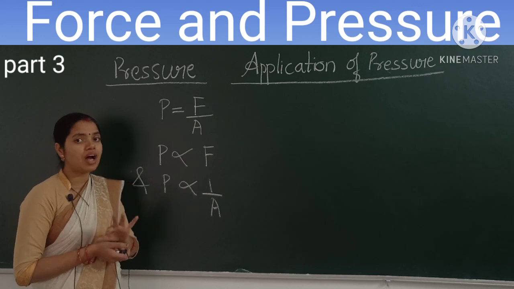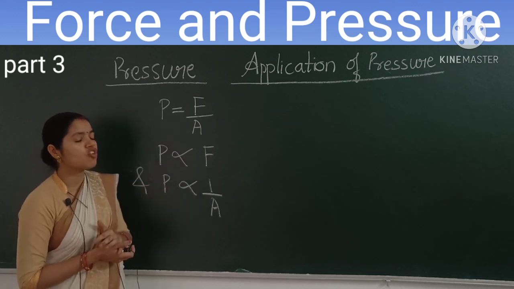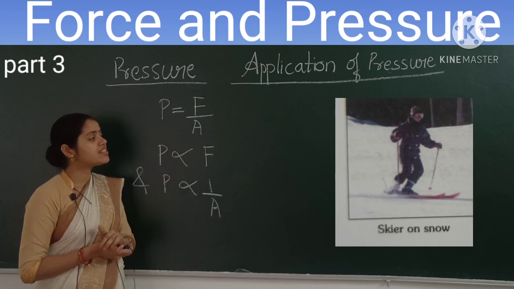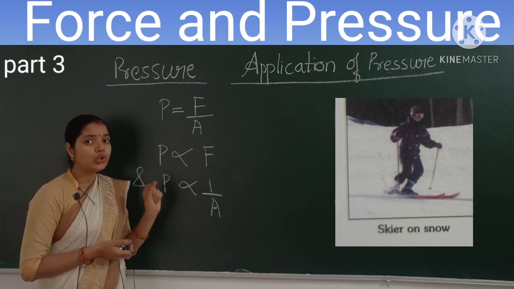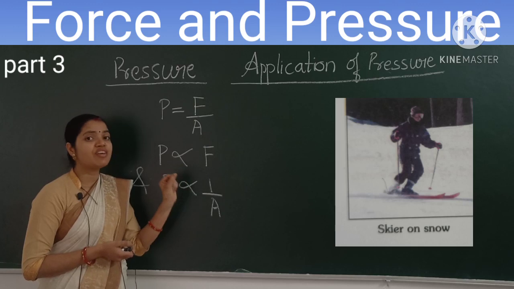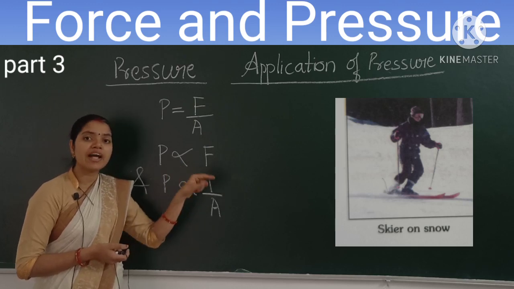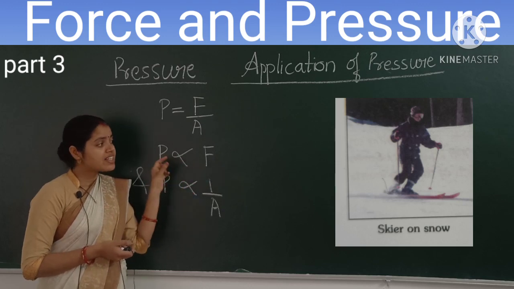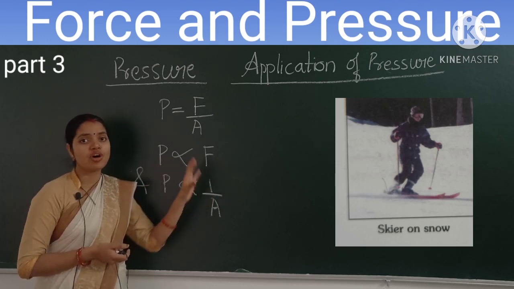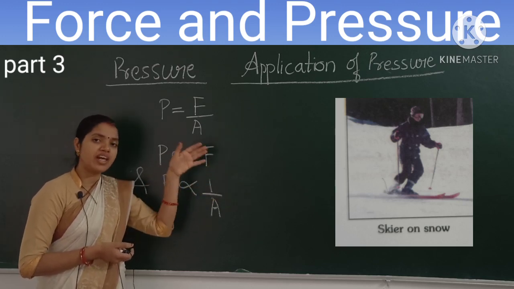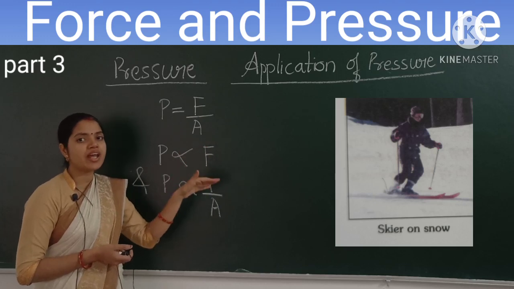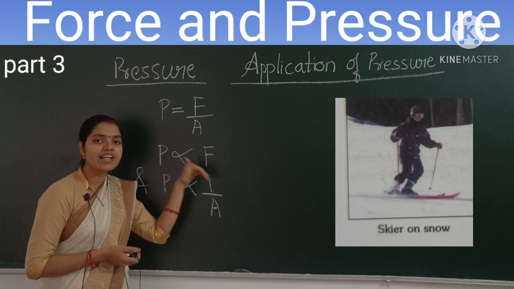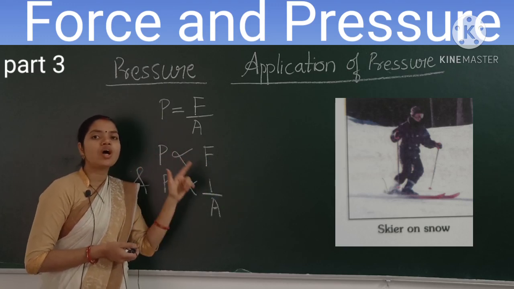Okay students, now the next application of pressure is the skier on snow. So you can see in the figure, the skier uses large and flat skis to slide on snow. So the surface area of those skis is very large, or more. So if area is more, then pressure exerted on snow will be less, so that the skier slides on the snow without sinking.